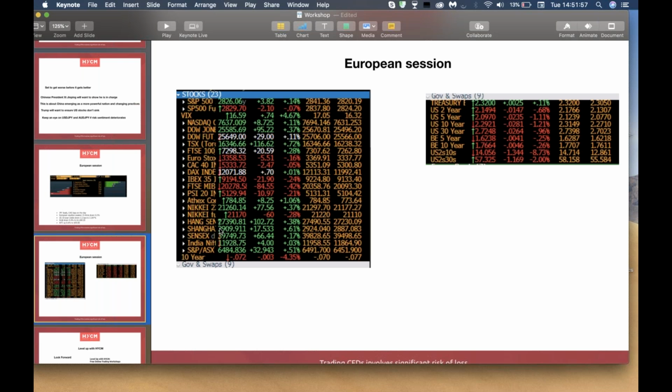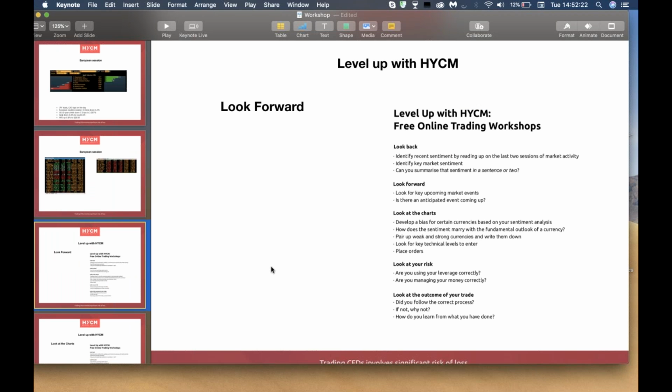So we saw Asian equities having a little bit of relief. That's all been reversed in the European session, with European equities down, S&P 500 down, and the Nikkei futures down. So negative sentiment coming into the market, and the 5, 10, and 30-year yields down as well across the US Treasuries.